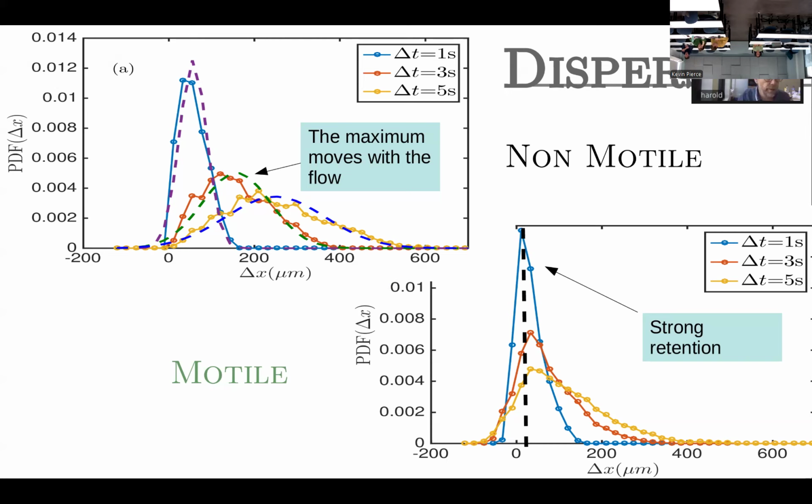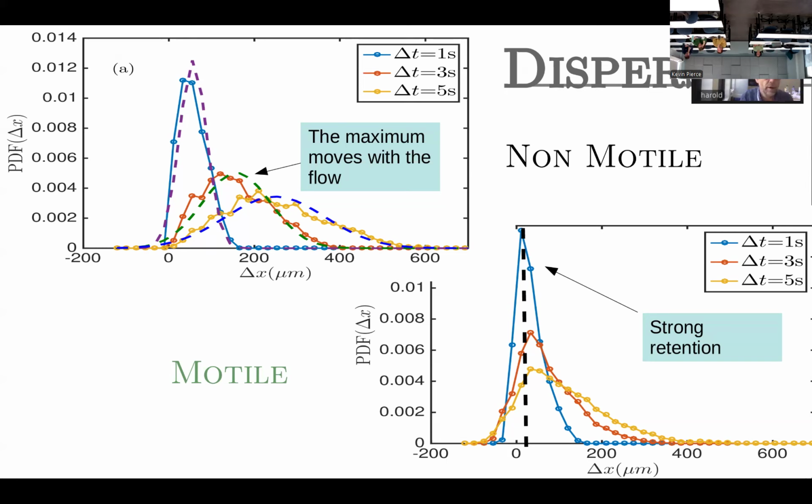The dotted line is an adjustment by a Gaussian distribution. So it's quite classical: you have the peak that moves with the flow, and you have a dispersion of the population around this average position.